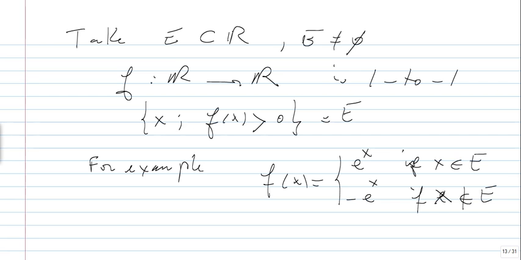And if you look at the set of x such that f(x) is positive, we're going to find exactly E. So if indeed one-to-one maps were measurable, then basically any subset of R is measurable. And we know that's not the case, that there are sets which are not measurable. We built one. So this tells us that not every one-to-one function is measurable, and therefore the answer to the question is in the negative.